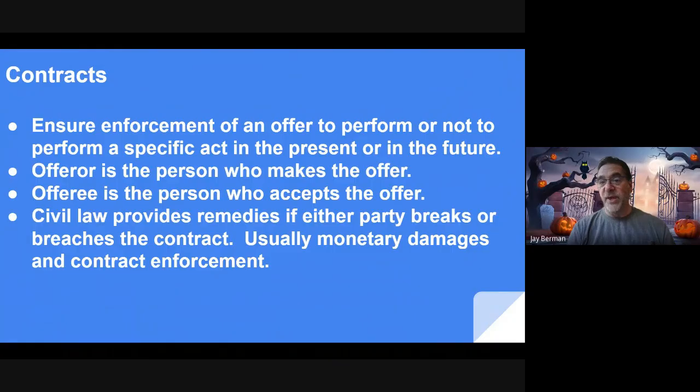The offerer can be a person, a business, or a government. The offeree can also be a person, business, or government entity. Contracts are governed by civil law, which provides remedies if a party breaks or breaches the contract. Usually when there's a breach of contract, there's monetary damages, and then of course the contract is enforceable.